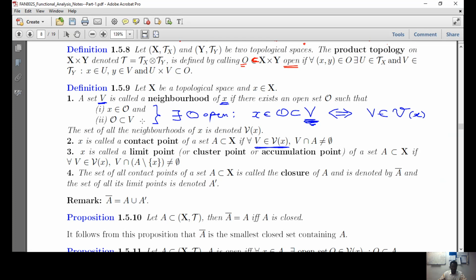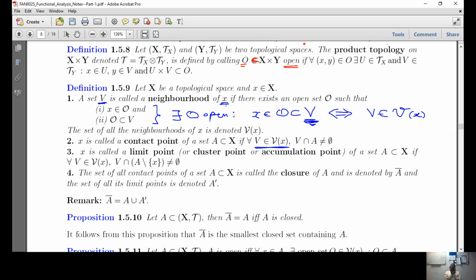In other words, to say that I am a neighborhood of a point, I have to contain an open set containing the point.